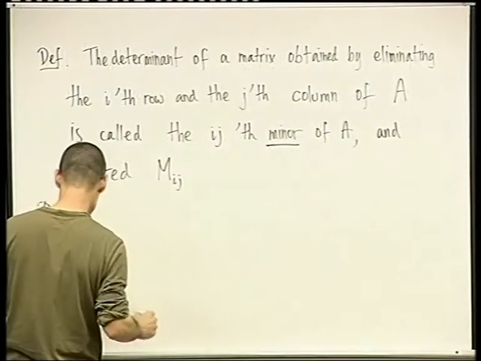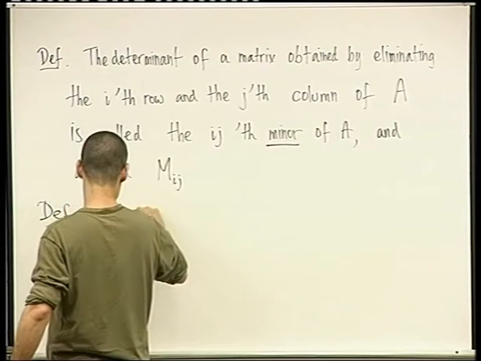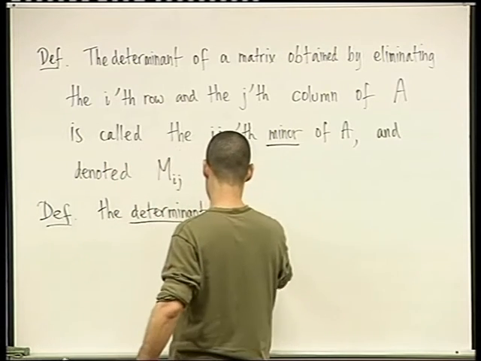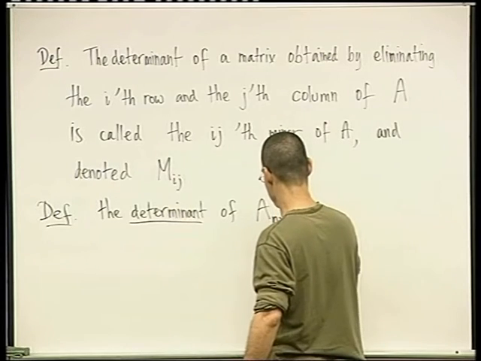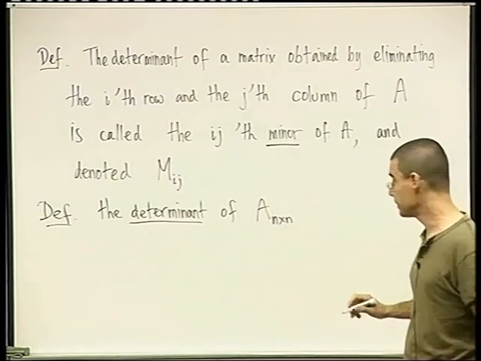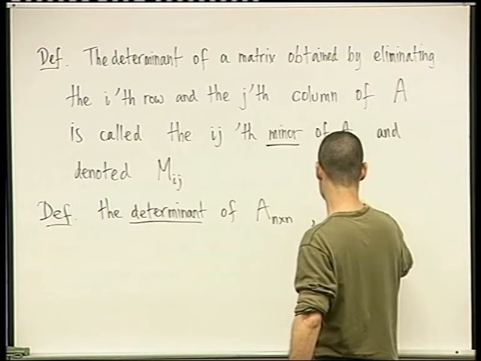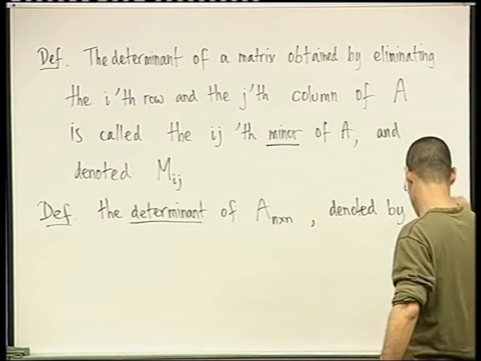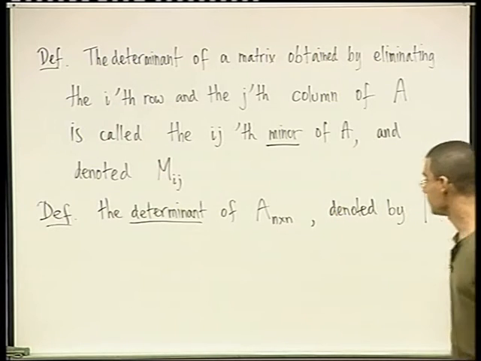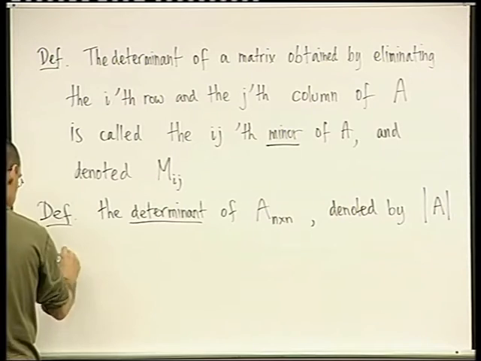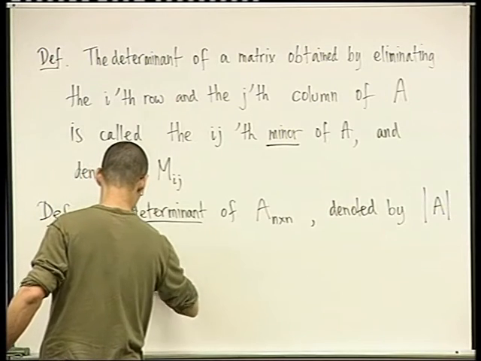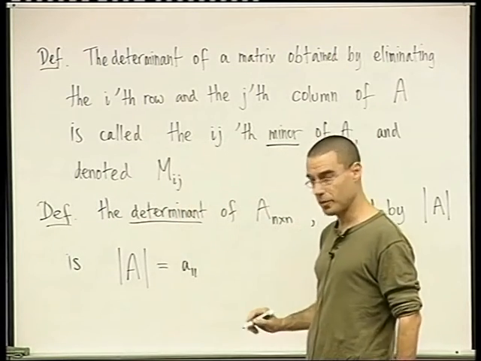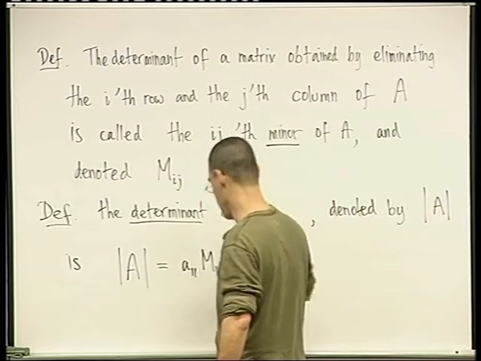Definition. The determinant of an n by n matrix, it's only defined for a square matrix, denoted by vertical bars, is: the determinant of A equals A11, that's the first element in the first row and first column, times M11.